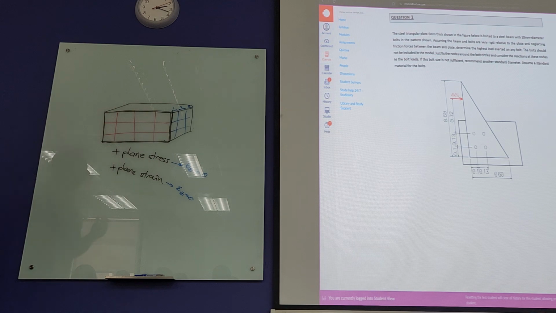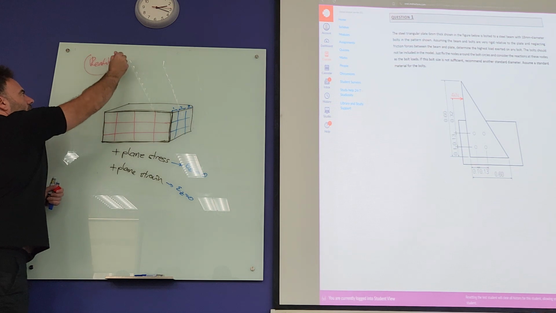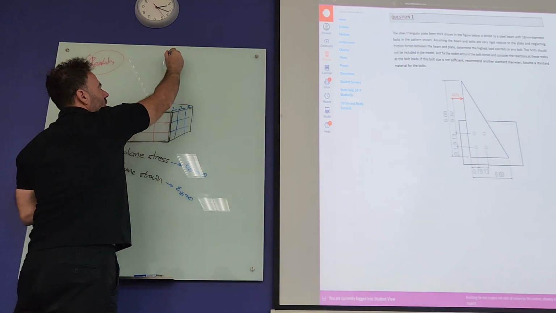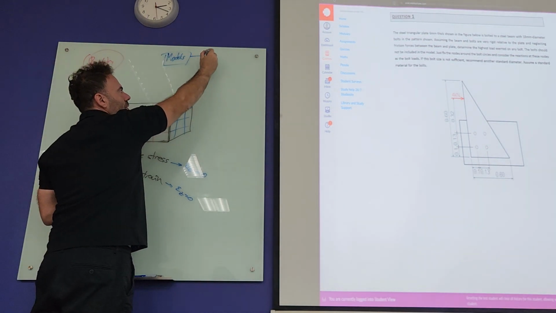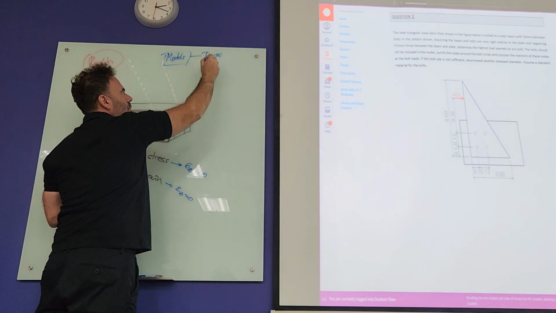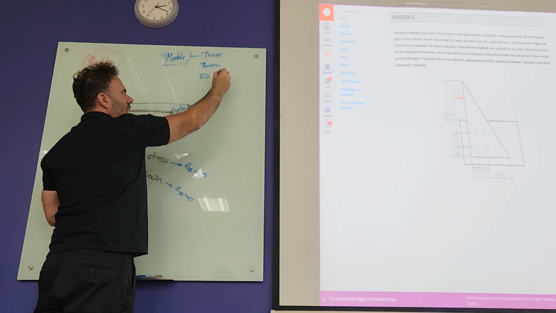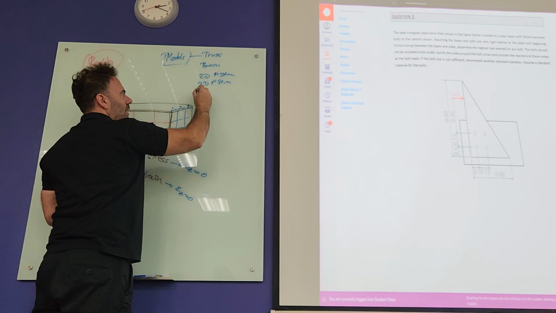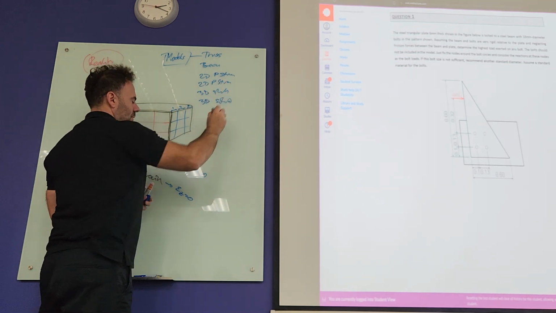Now, remember what your job is. You said, here's the reality, and we have to find the best model to match that reality. And then we got models. We got truss being simplest, then we got beam, then we got 2D plane stress, 2D plane strain, 3D shell, and 3D solid, for example.